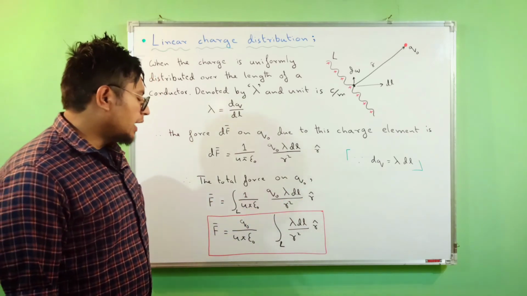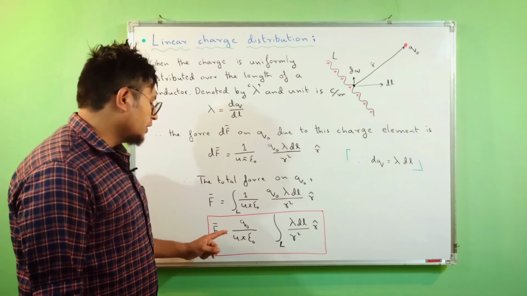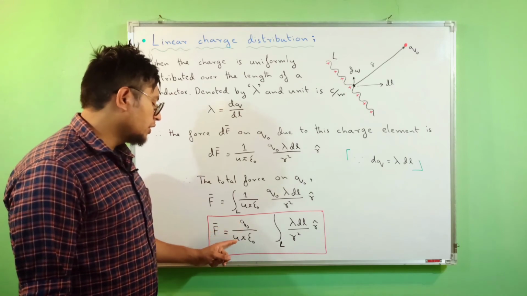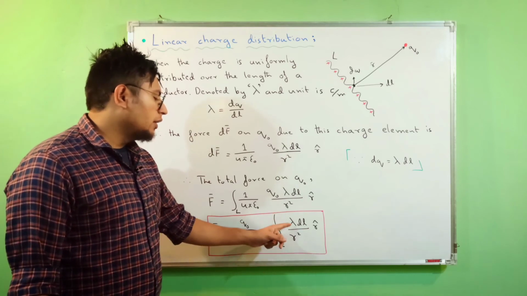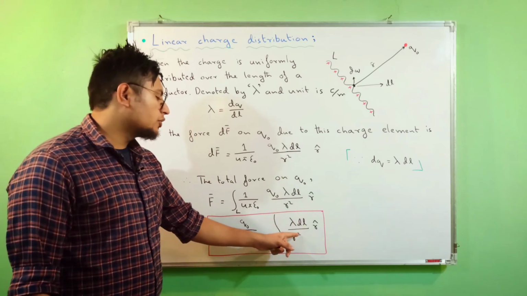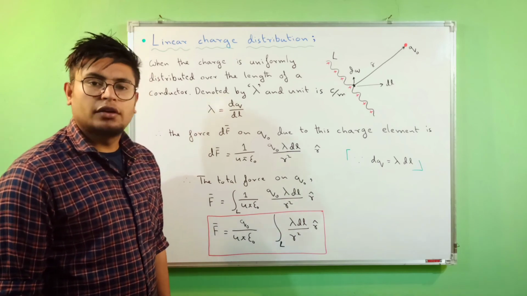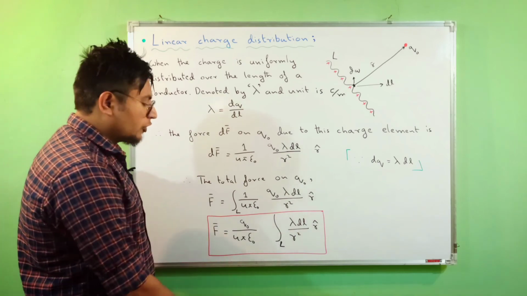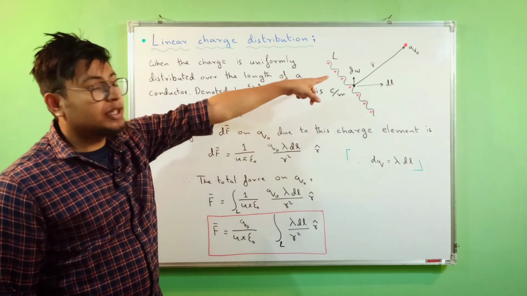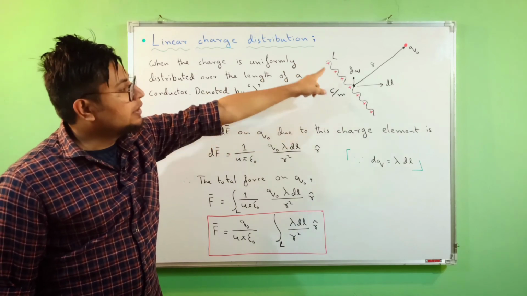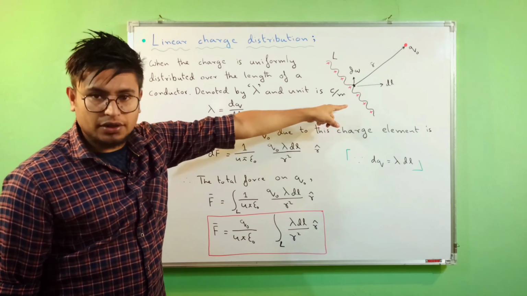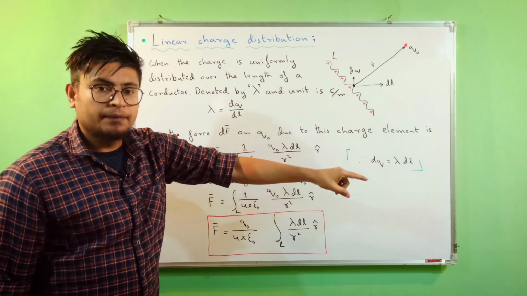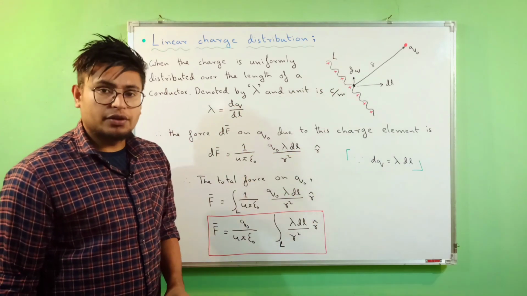So the final equation becomes F is equal to Q naught divided by 4 pi epsilon naught, integral of lambda dl by r square, along the unit vector r. This is the force acting upon that Q naught by this linear charge, the charge that is distributed linearly over this particular line. So this is the expression that you get.